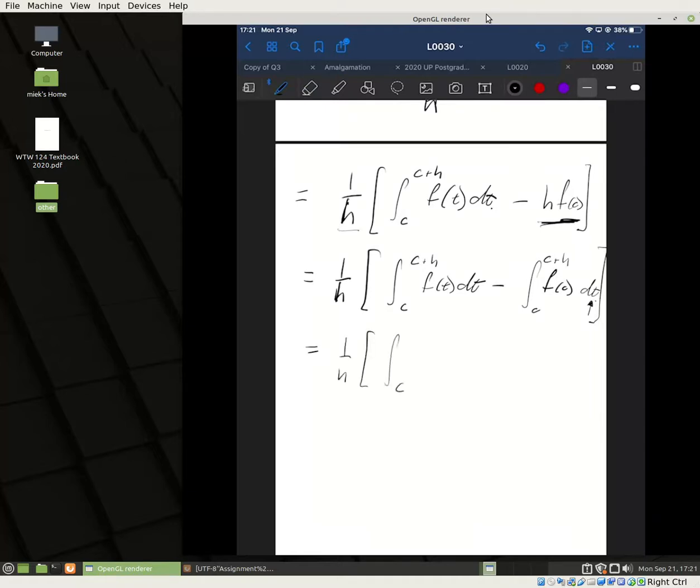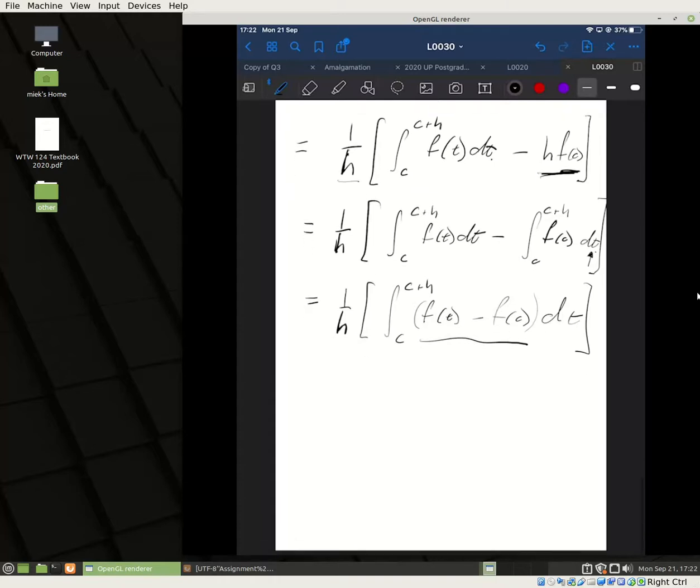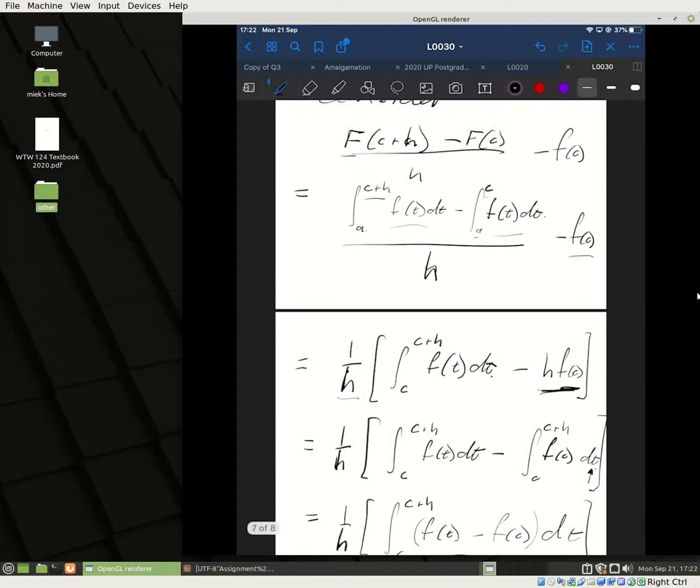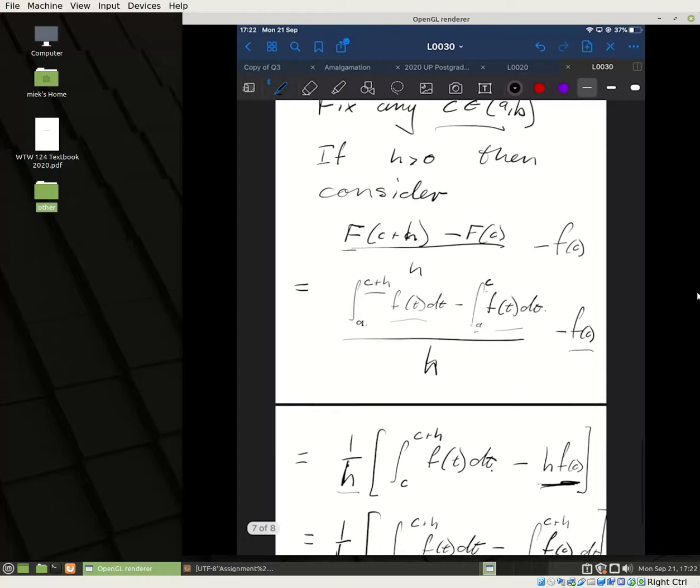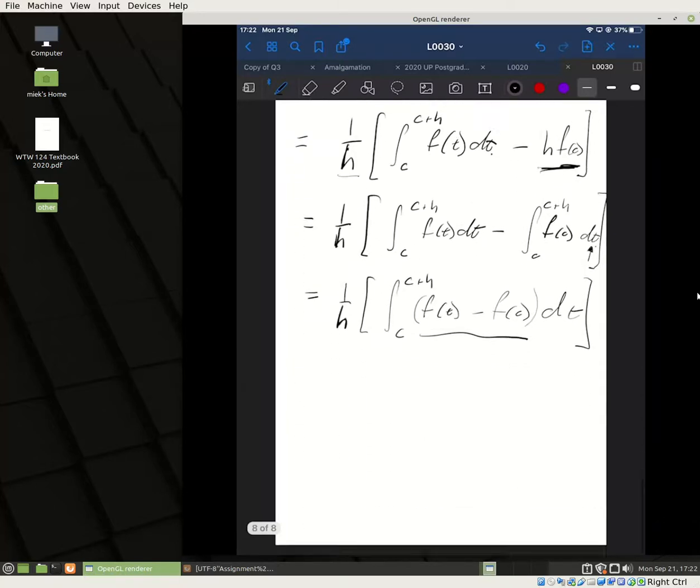So this then becomes the integral from c to c+h of f(t) minus f(c) dt. Okay, and this expression, f(t) minus f(c), comes up in the definition of continuity of little f, and we will see how we can use that. So here we have fixed any c, and we have transformed the expression that we are interested in into this expression.